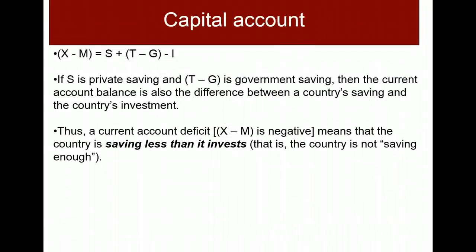This is a classic way to demonstrate that when a country runs a trade deficit, it has to be financed in some way, either by public savings or private savings.